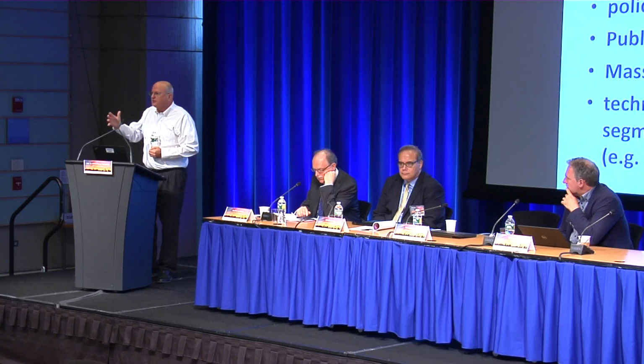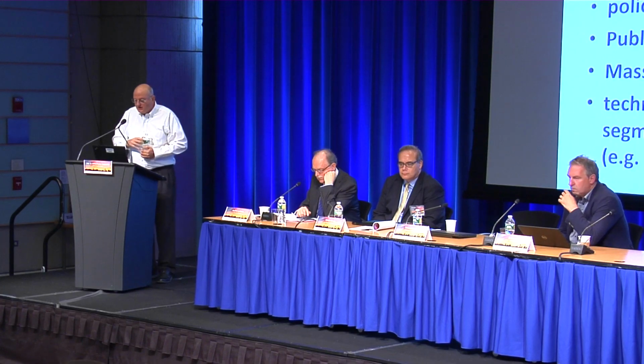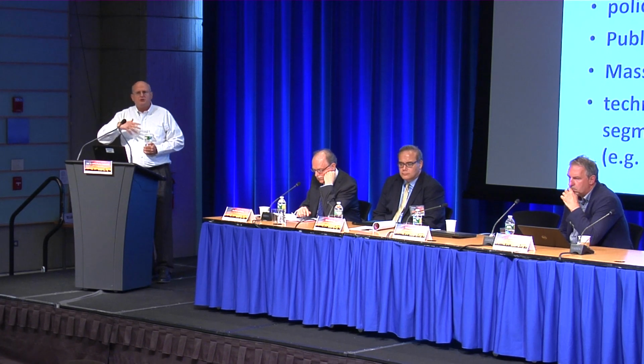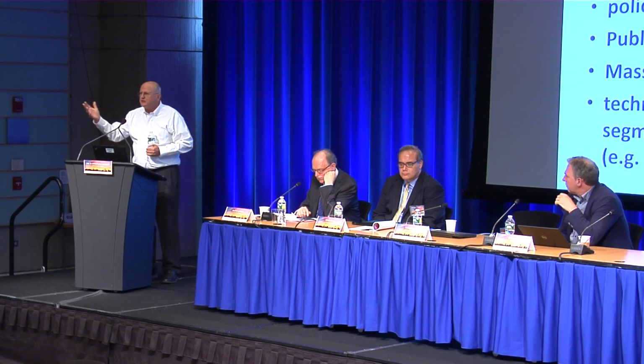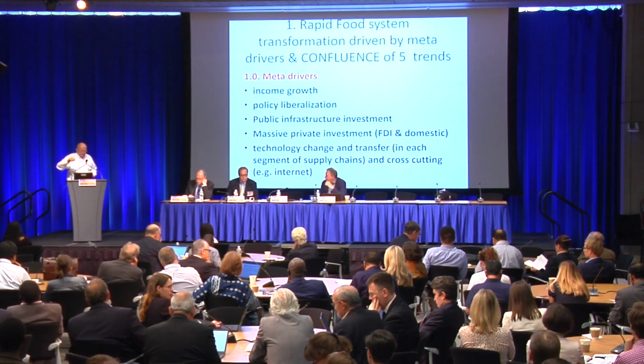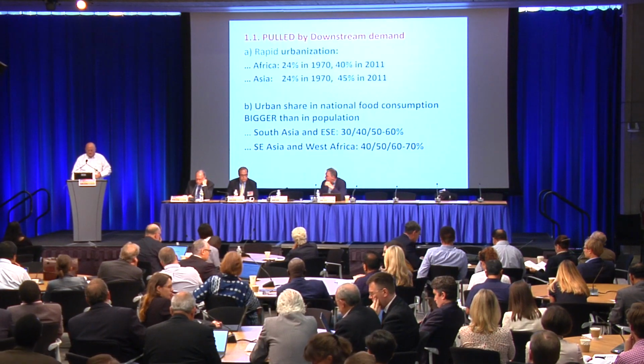And then, of course, dear to your hearts is the other conditioner of this whole process, which is technology change, which is largely technology change and transfer from centers of innovation. And I think the emphasis that I have is that this is not only technology change that's occurring at the farm level, but also in every segment of the value chain.